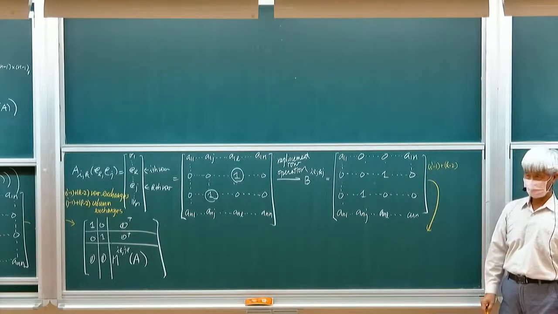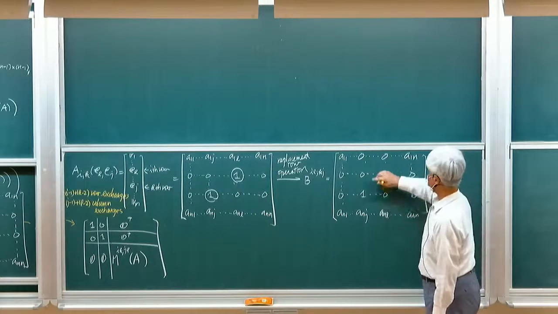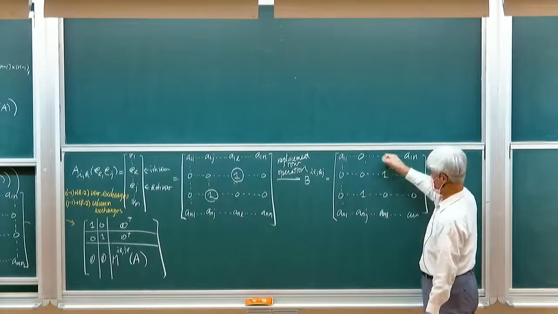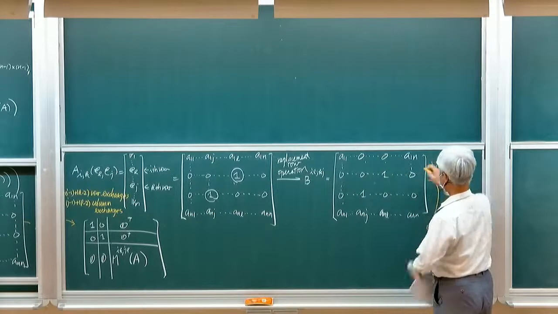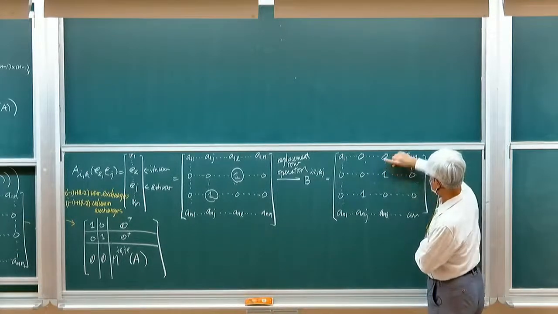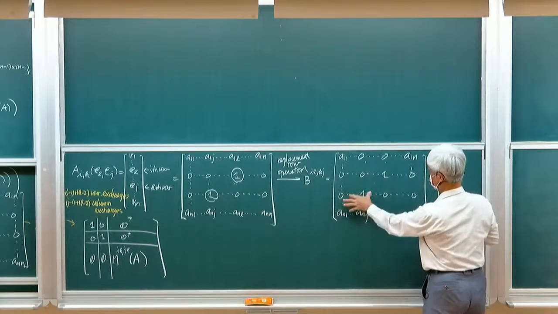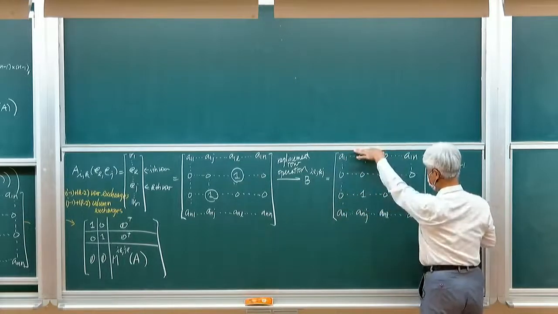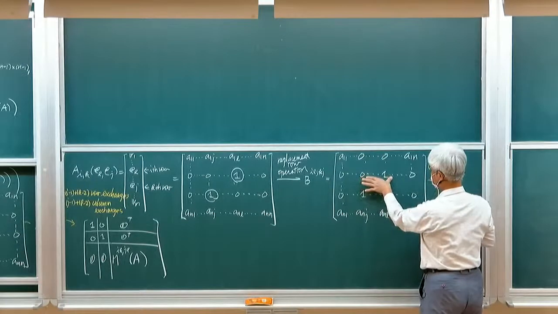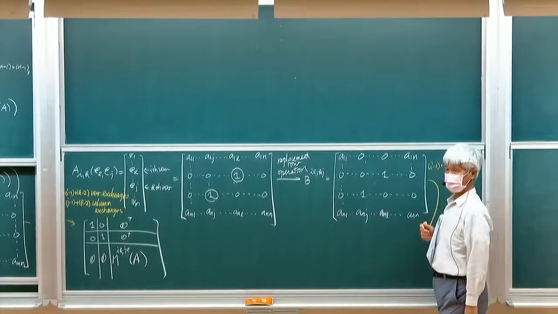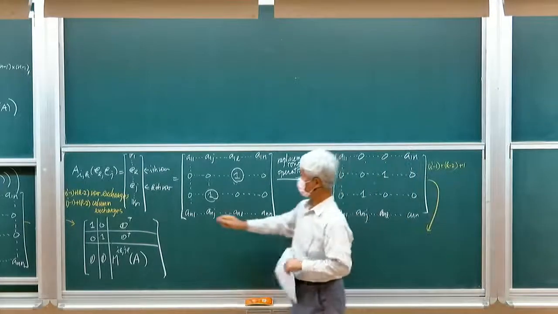All right, but if you do so, you need one more row exchange to exchange the first and the second row. So that 0, 1, 0, 0 will be in the first row, and this row will be in the second row, just like here.